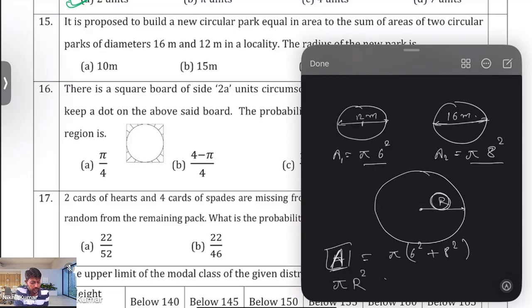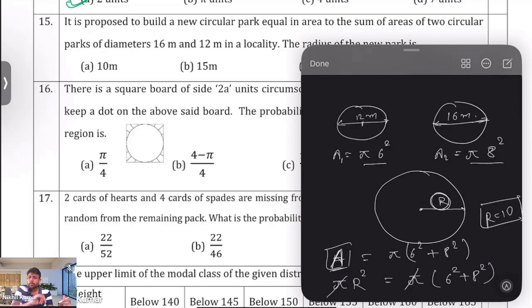And we've already seen that this is pi times 6 square plus 8 square, isn't it? 6 square plus 8 square. So pi gets cancelled, and from here you can find out that r is equal to 10.